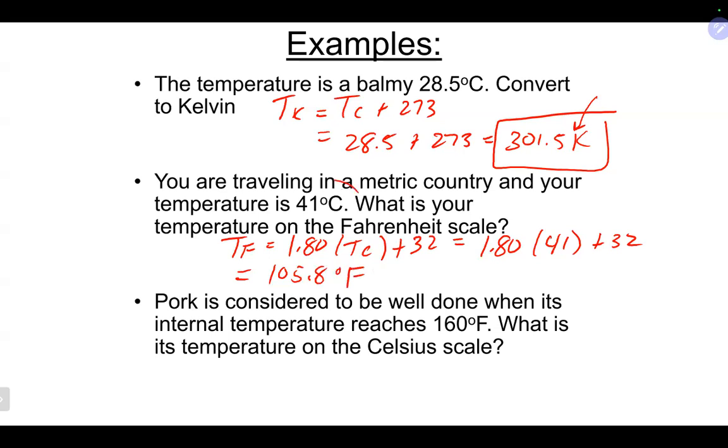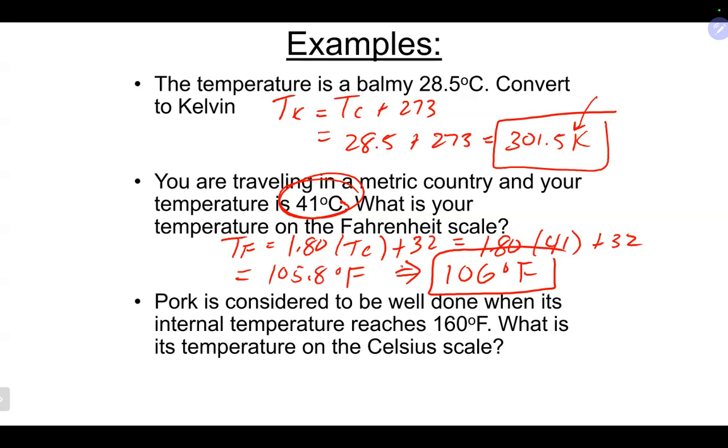On this one, though, when we look at our original number, it actually was a whole number. So we would want to round this to 106 degrees Fahrenheit. Again, making it look like our original number. So our original number, whole number, here we would round it also to a whole number. Any questions on that there?